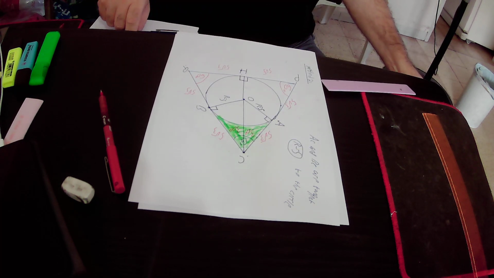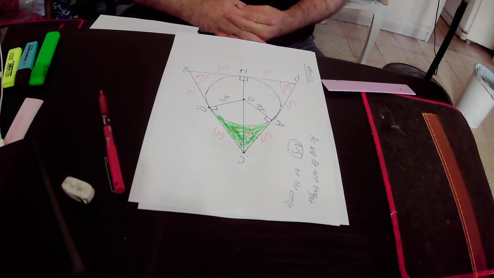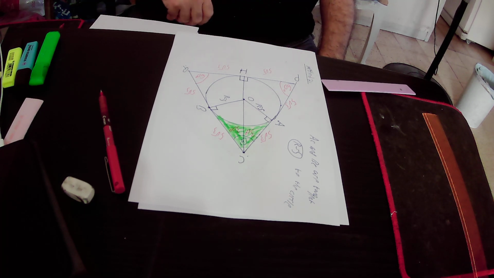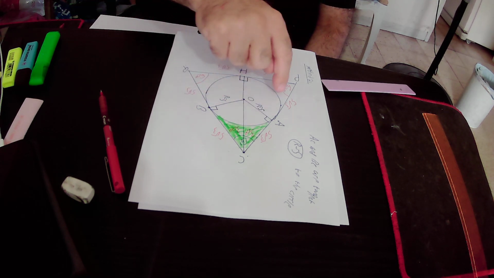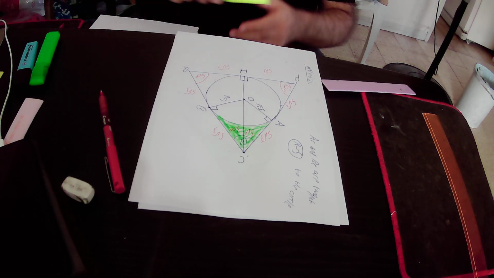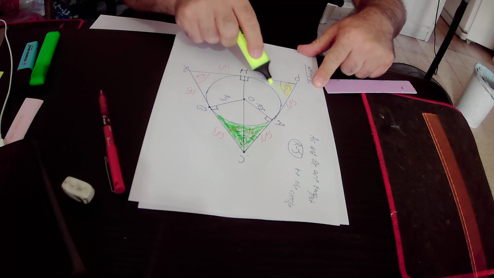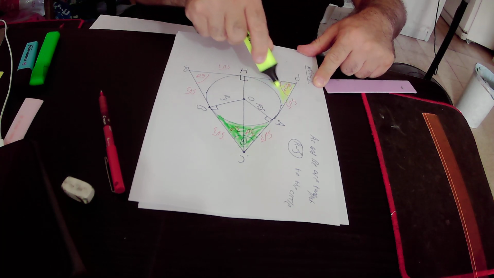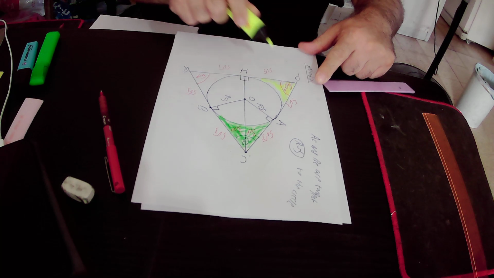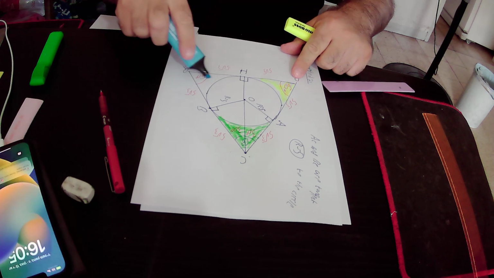And actually, the area of triangle CPQ minus the area of the circle equals the area of those three shapes, equals the area of the green shape plus the area of the yellow shape plus the area of the blue shape.